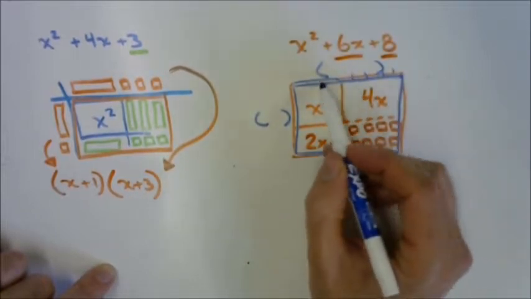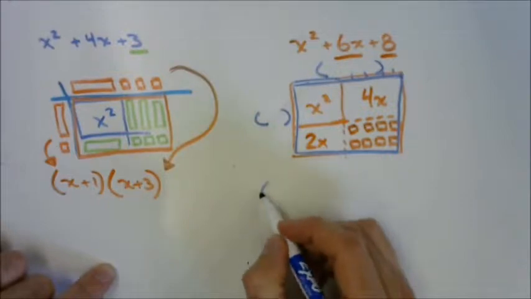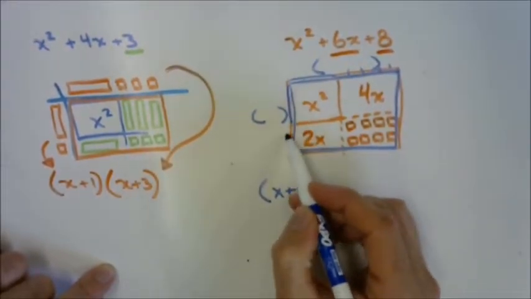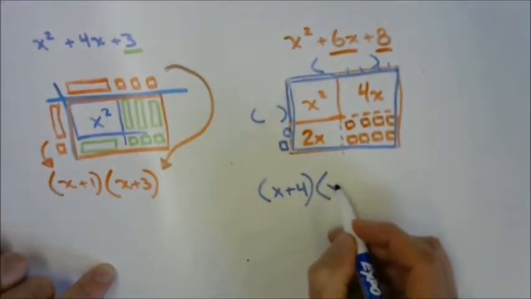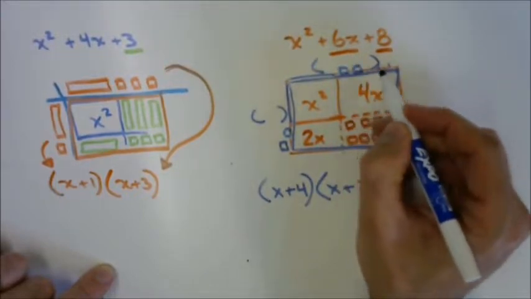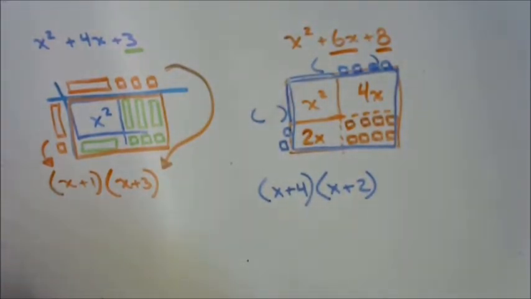We have 4, right? So here we have x plus 4, and here we have x plus 2. And that's the answer in factored form.